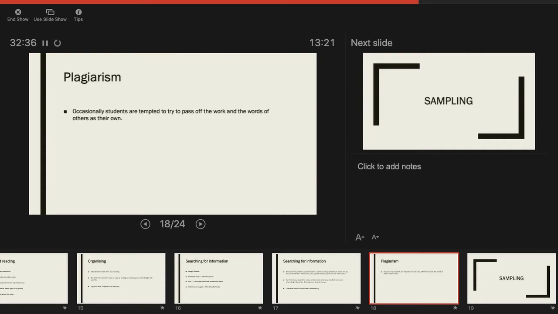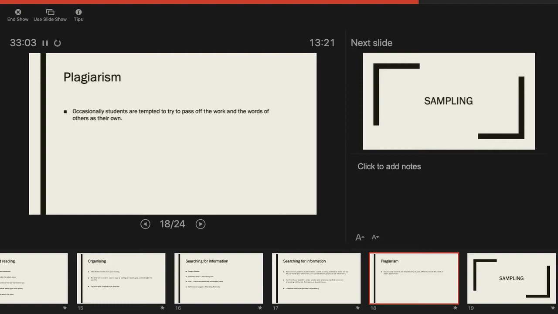With Turnitin as a plagiarism tool, it also highlights how you can improve your own text, because if you're just copying and pasting without making sense of the text, then it will pick that up. So it will help you with rephrasing certain concepts or certain sentences that you need to rephrase.